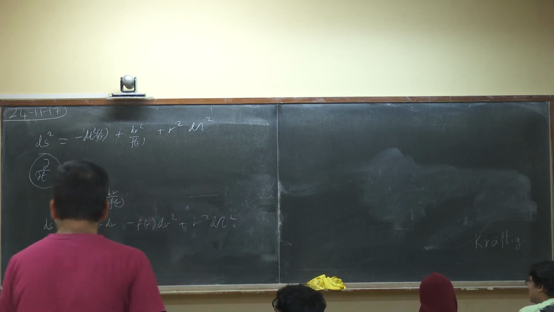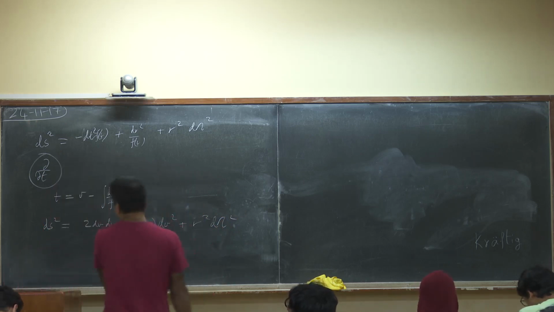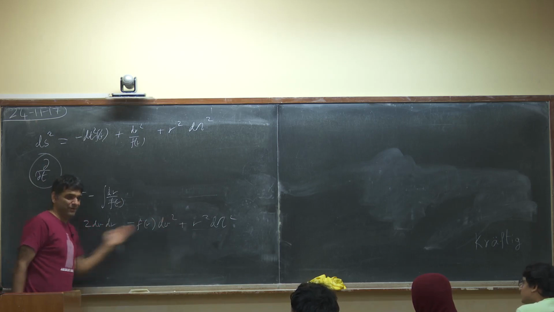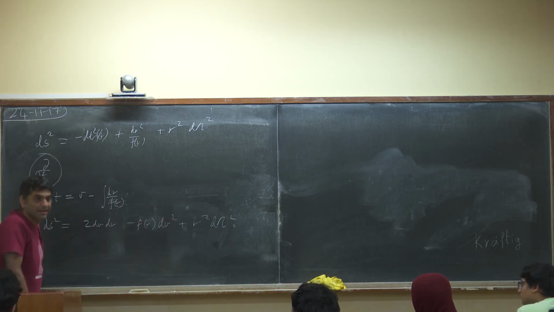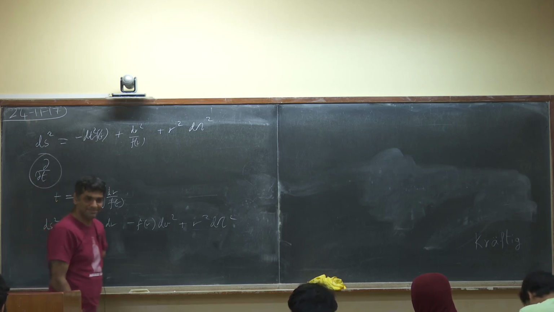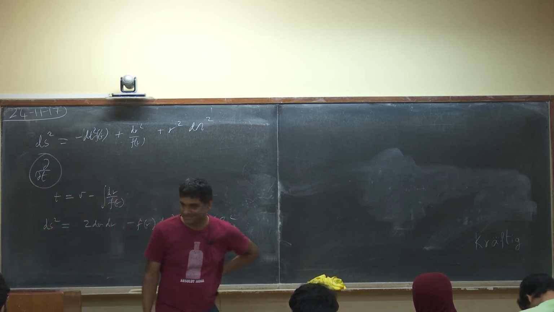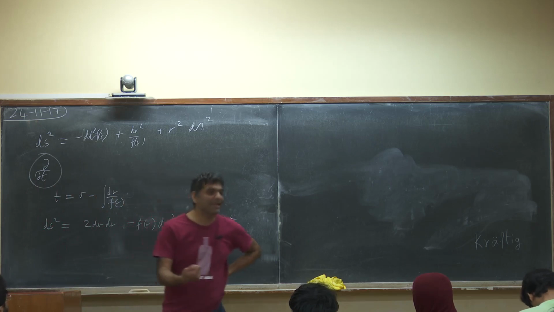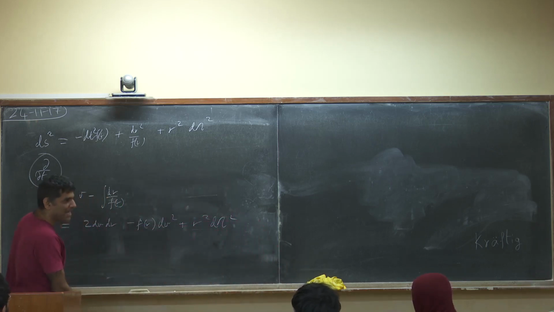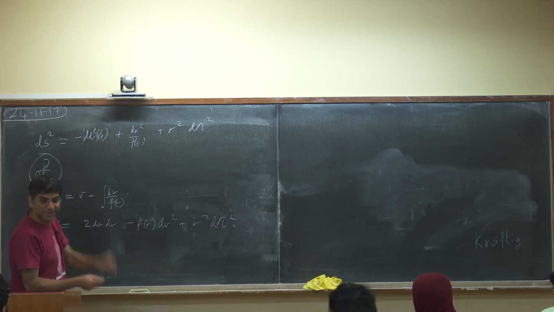Now, you may be wondering, there's a problem. I wanted this vector, but what I have is these v coordinates. But the great thing is that this vector is the same as d by dv. Why is that? We can establish this. Let's do it first in formulas, and then we'll do it in geometry.